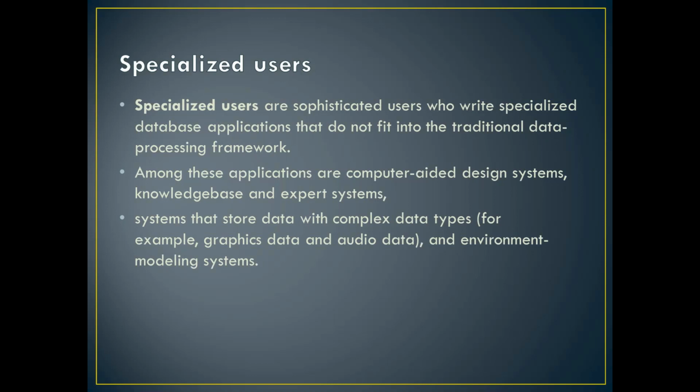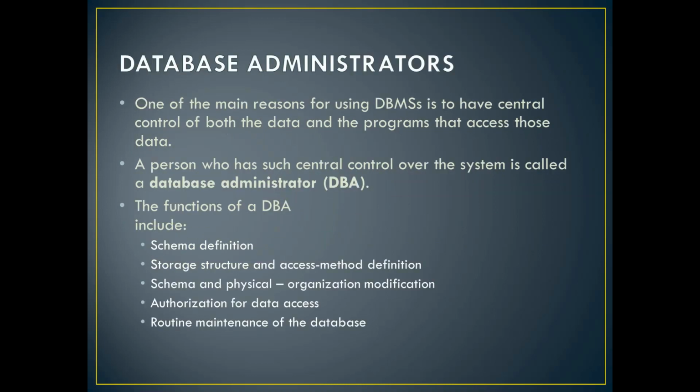These users write special programs which help in a better design of the database. So these are the four different database users: naive users, application programmers, sophisticated users, and specialized users.